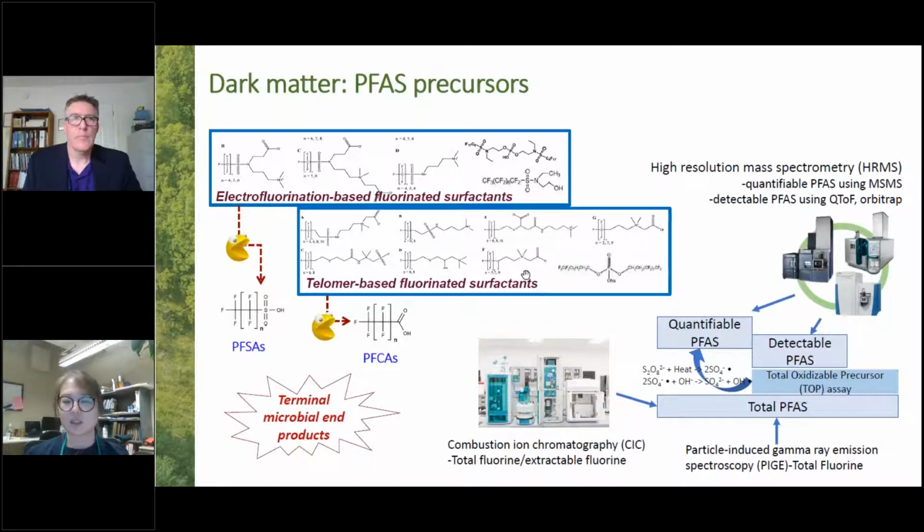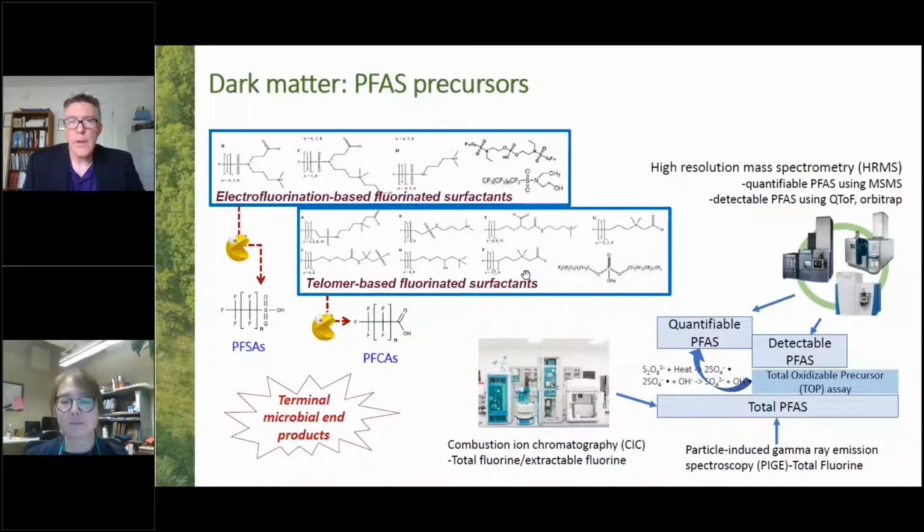So if we just do total fluorine analysis to understand PFAS level in such a complex matrix like compost and biosolid, that may not give us accurate analysis. So I believe we may want to do additional analysis such as HRMS analysis to qualify or quantify them. Also other research like the TOP assay, because it transforms some types of precursors to detectable, quantifiable PFAS. So it'll give us a more reliable result to understand how much PFAS is in there.